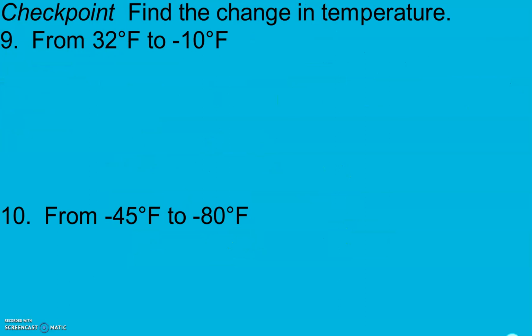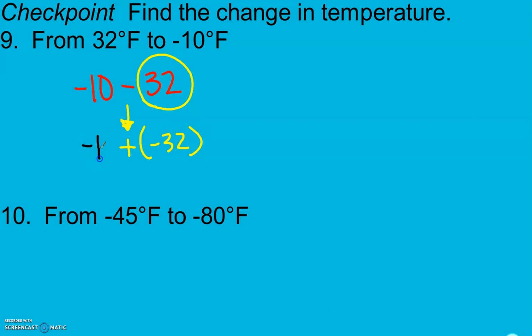Feel free to pause here and give this a try. We're going to find the change in temperature. So in number 9, we're going to go from 32 degrees to negative 10 degrees. So to find change, we take where we are minus where we started. I'm going to change from subtraction to adding and take the opposite of what follows.